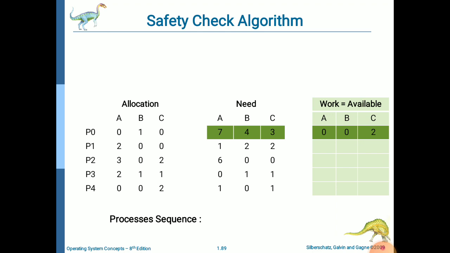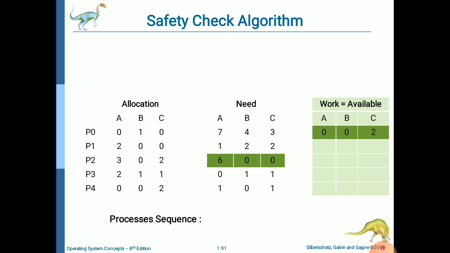C is 3 and available is 2. So not possible, and we move to the next process. We look at the need of P1. Is it possible to satisfy with the available resources? No, again it is not matching. Need of P1 is not less than or equal to work.